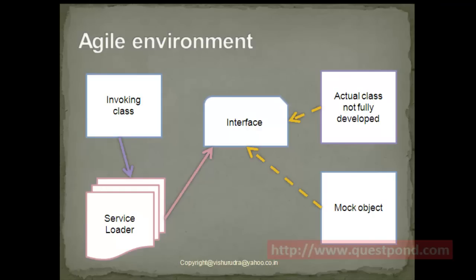So let's say we have an invoking class which has to make use of an actual class, and the actual class is not fully developed. To solve this problem, we can create a mock object which will perform mock operations of the actual class. Both this actual class and mock object will implement an interface, and the invoking class can make use of their corresponding implementations with the help of service loader.